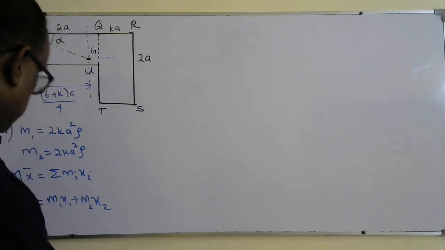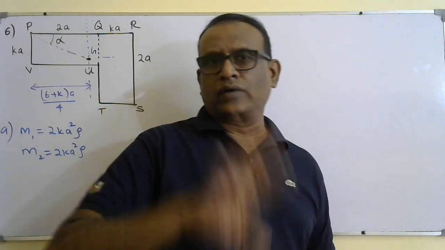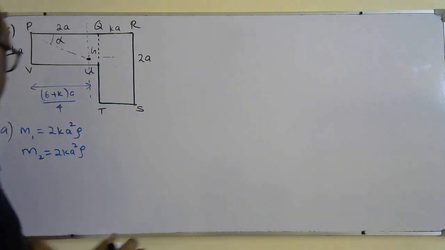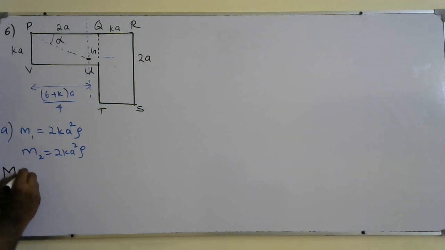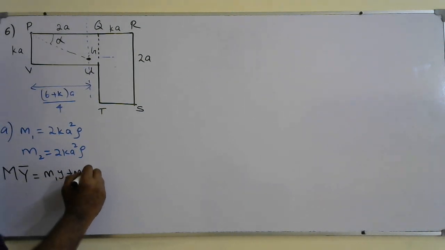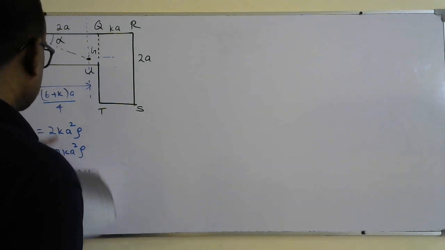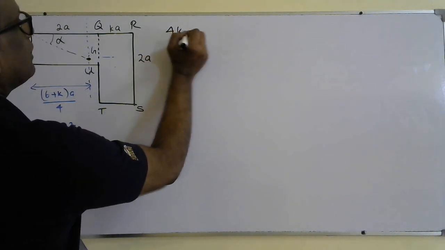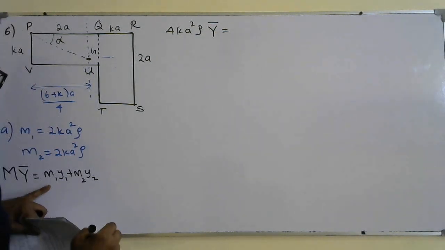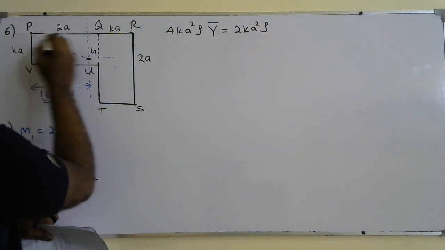As I told, I need to find the y coordinate of the same center of mass. A lamina can have only one center of mass, one point. So now we are going to find the y coordinate. That is given by M y bar equals m1 y1 plus m2 y2. The total mass M is 2ka squared plus 2ka squared, that is 4ka squared rho, times y bar, equals m1, that is 2ka squared rho, times y1.